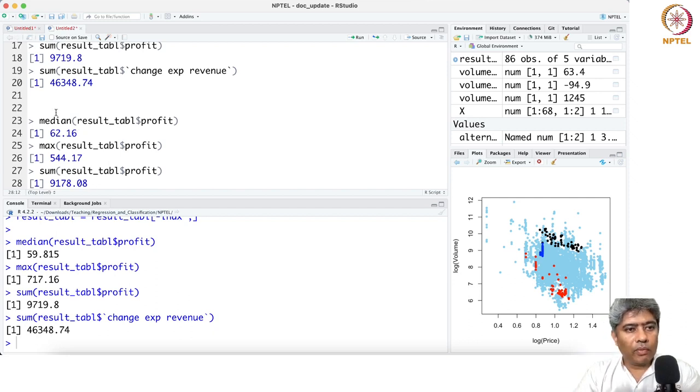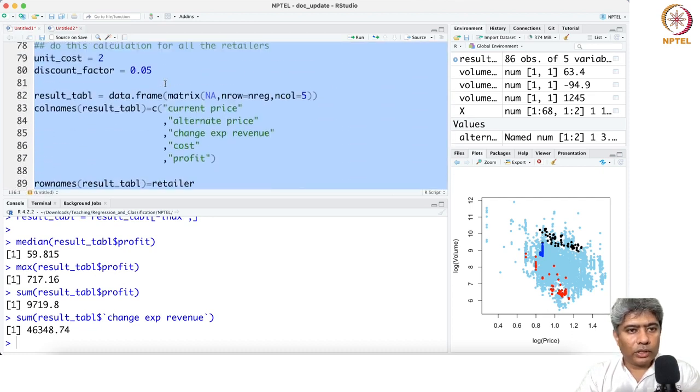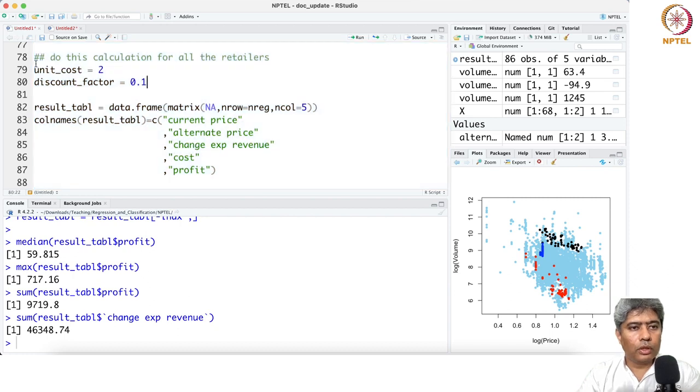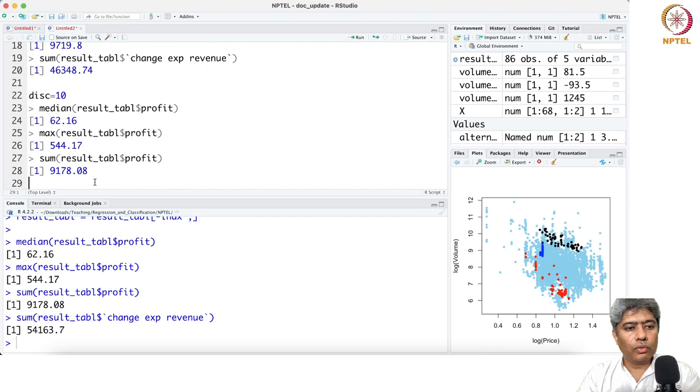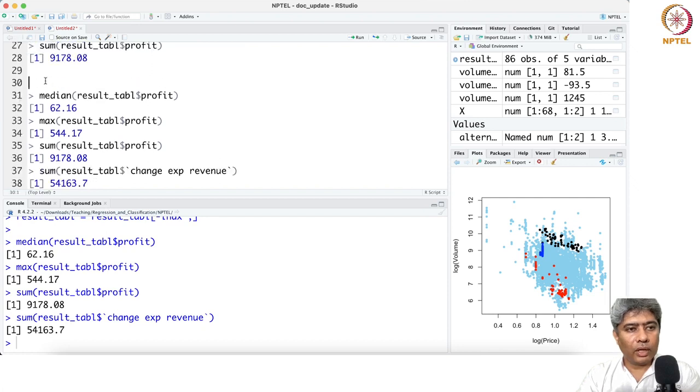And then what happened when I give 10% discount, at a 10% discount, the revenue I expect will go up further, but profit may not go up. So the median profit again goes up, but total profit goes down, but the revenue goes up quite significantly.